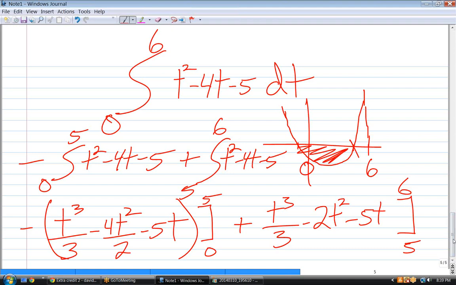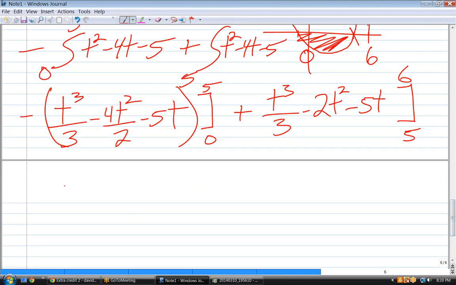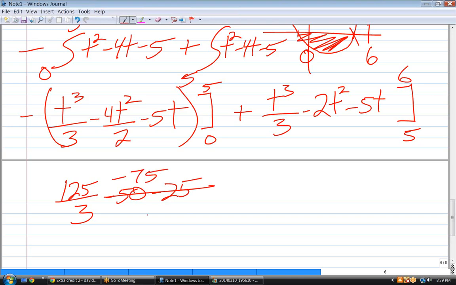Let's evaluate that expression at 5, because that'll give us the answer to 2 of them. So what do we have? We have 125 over 3 minus 50 minus 25. Oh, my goodness. So that's minus 75.